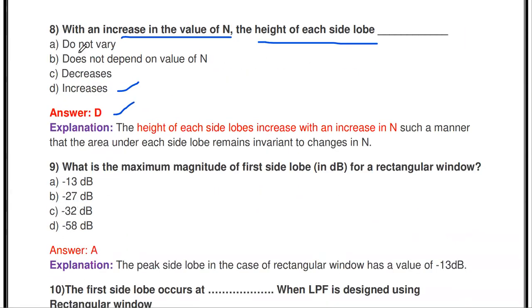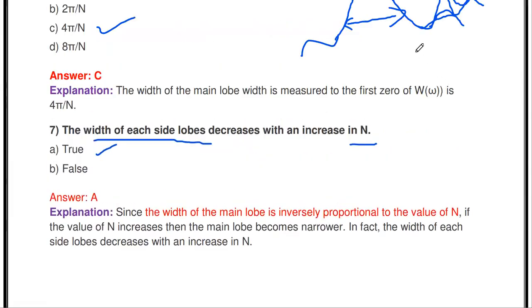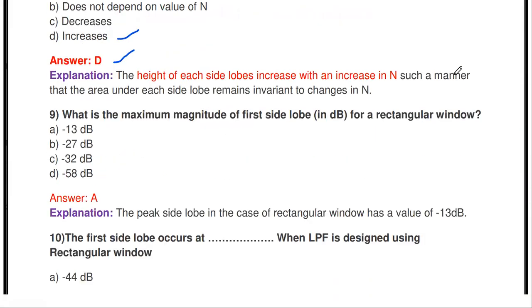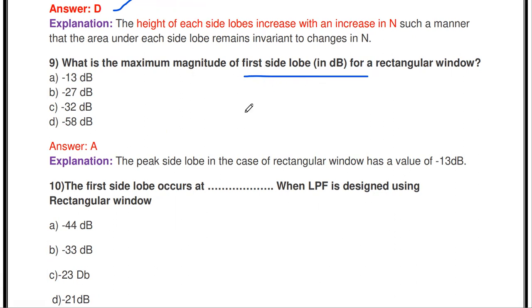So that's why with an increase in value of n, height of each side lobe increases. Width of side lobe decreases, but the height of side lobe increases.